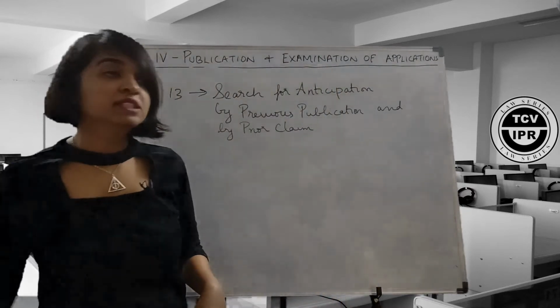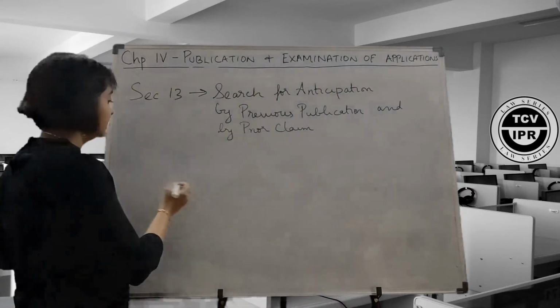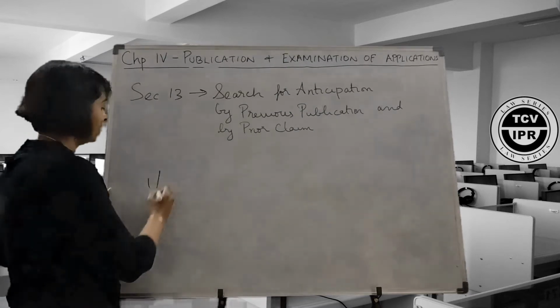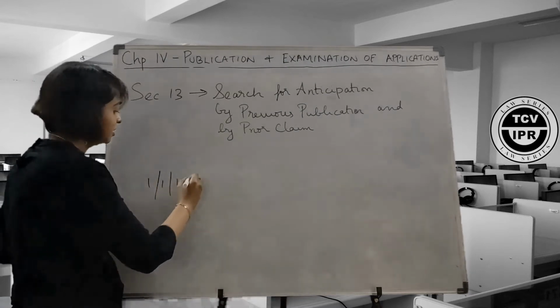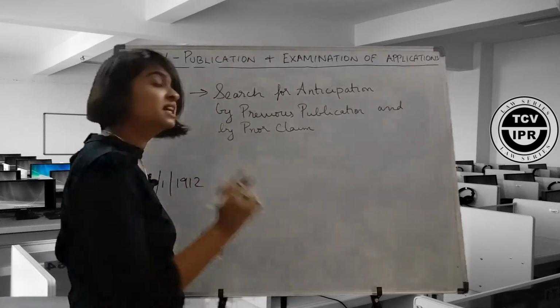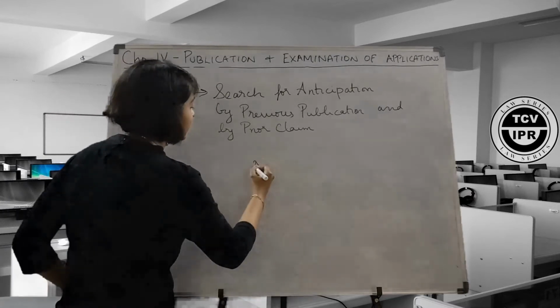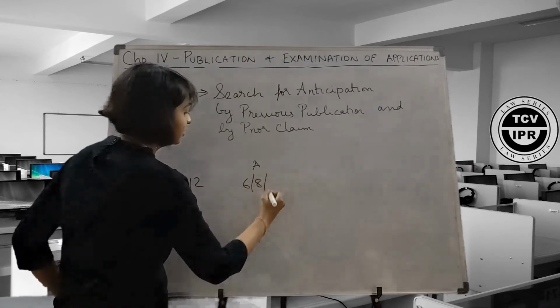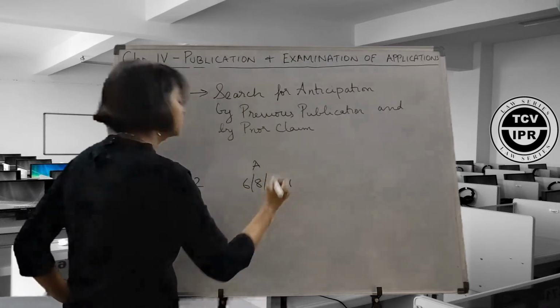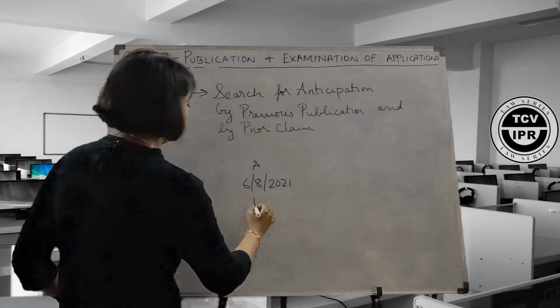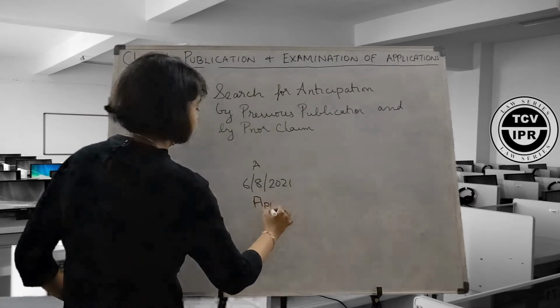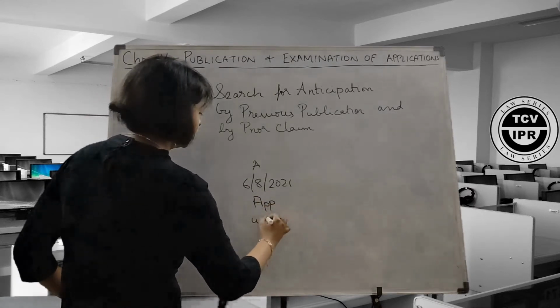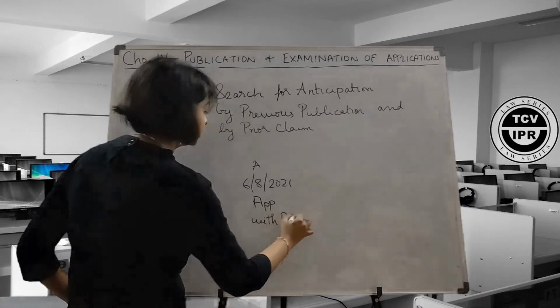See, suppose, let's take 1/1/1912, and let's take Mr. A filing an application on 6/8/2021. He is filing it with a provisional specification.